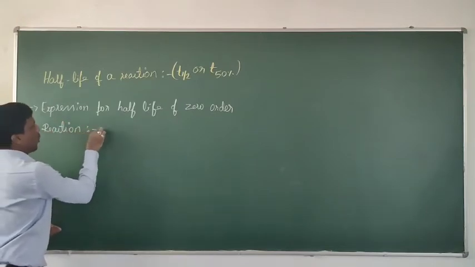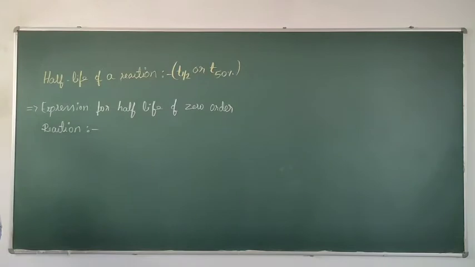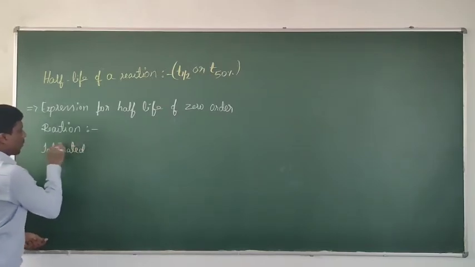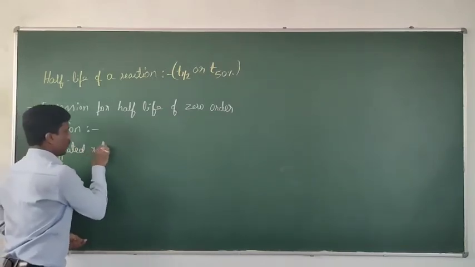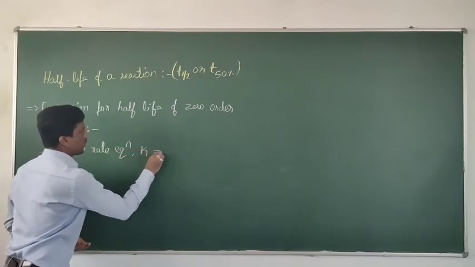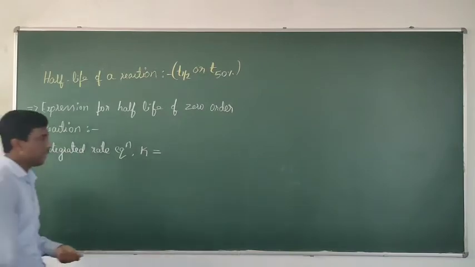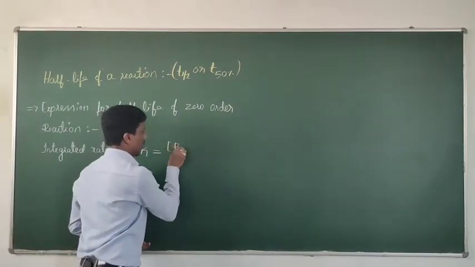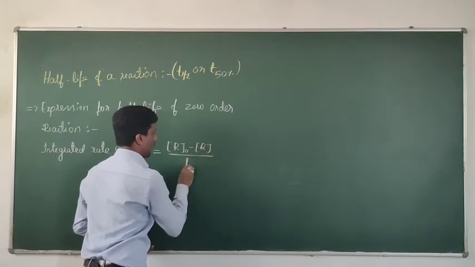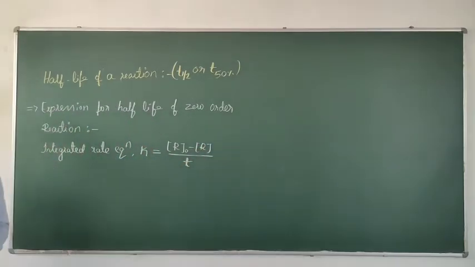The integrated rate equation for zero order reaction is given by k is equal to R naught minus R divided by t. It is the integrated rate equation for zero order reaction.